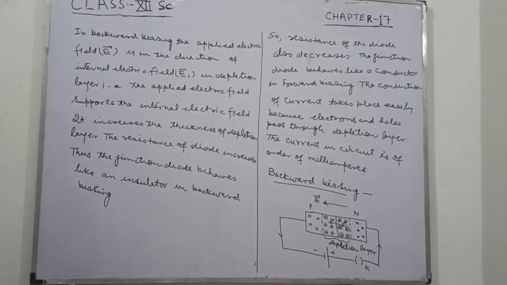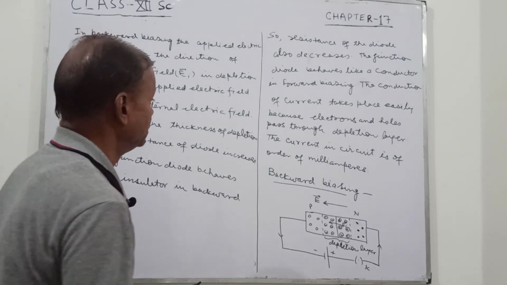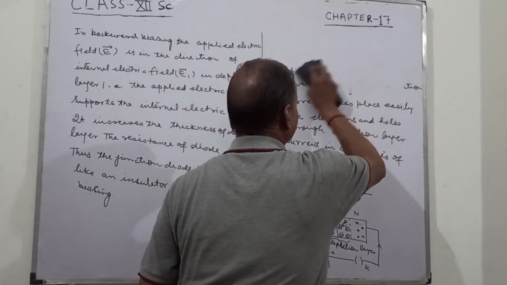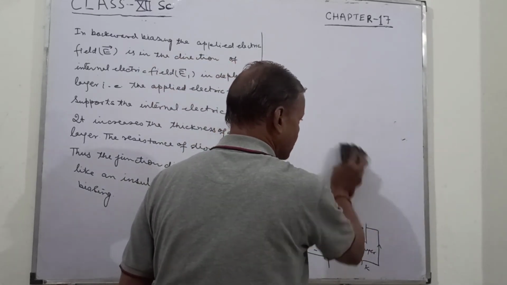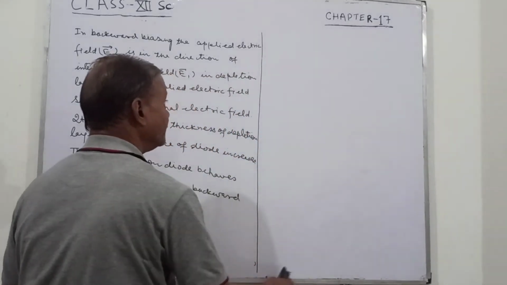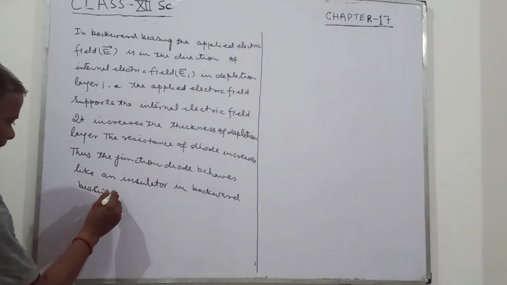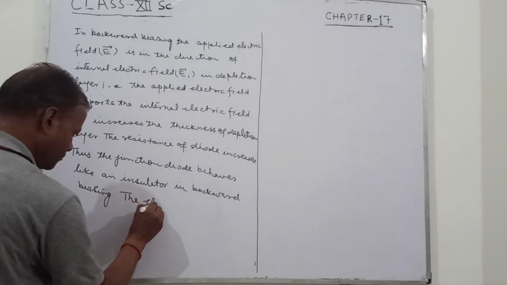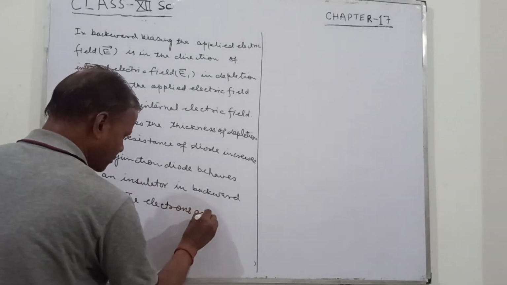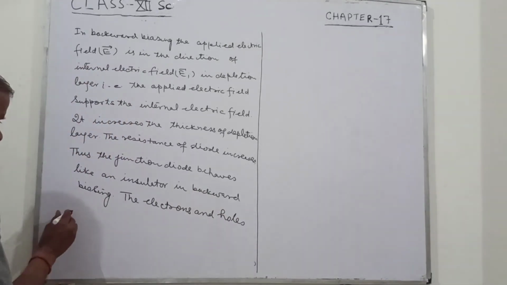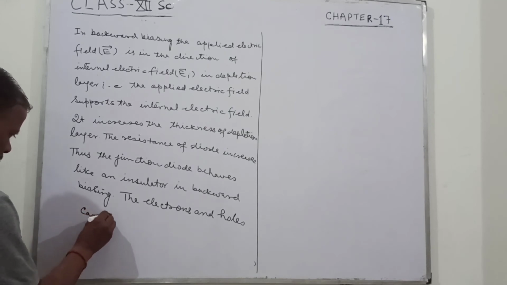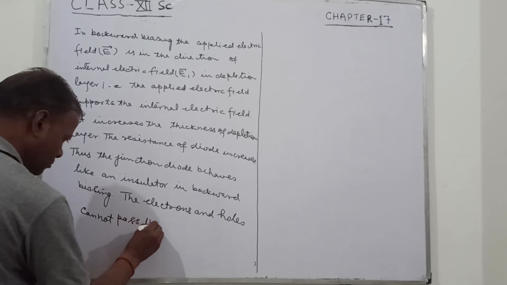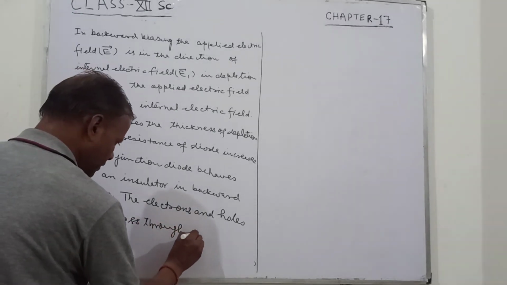Since the thickness increases, it means that the electrons and holes cannot pass through the depletion layer.